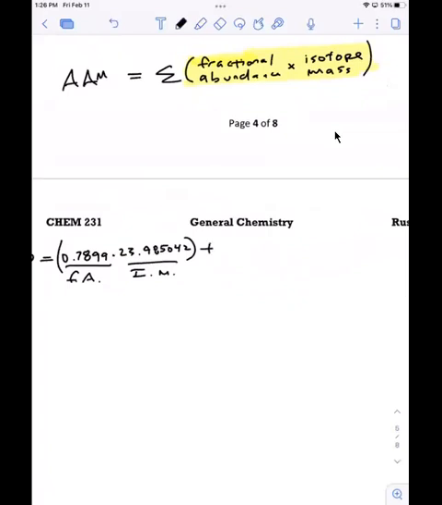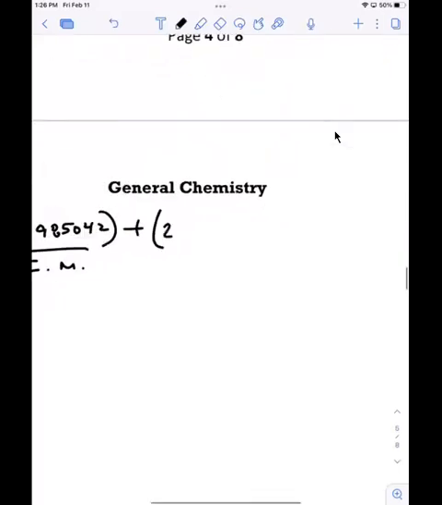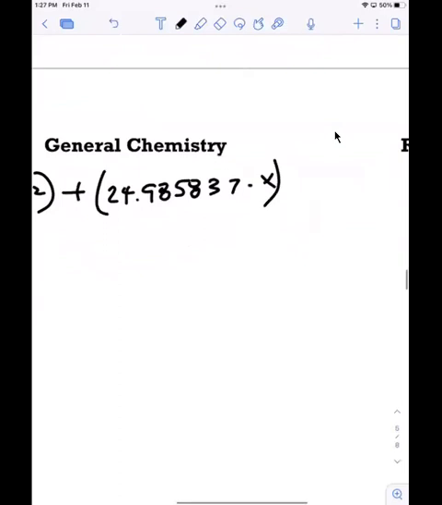So it's going to be plus. Now, what I want to do with the X and the 0.2101 minus X, I want to make the X term, I want to give that term to the number that's closest to the average mass. All right, so we're going to do that by taking that magnesium 25, which is 24.985837, and then we're going to make that times X. Are we following?